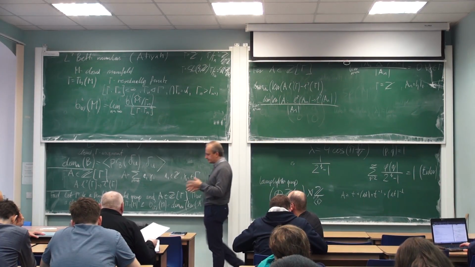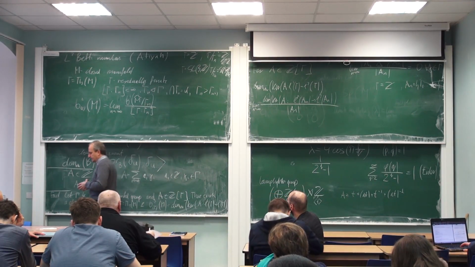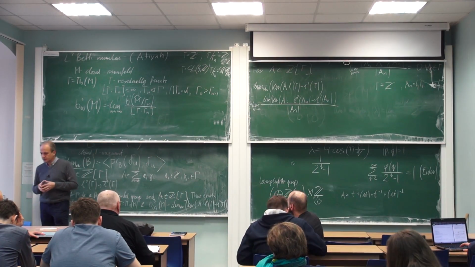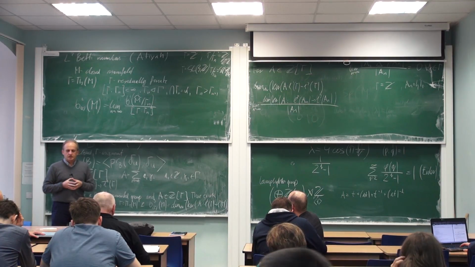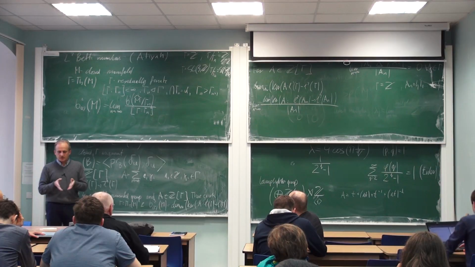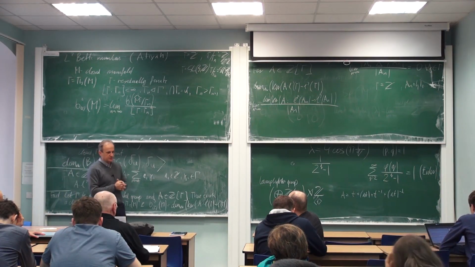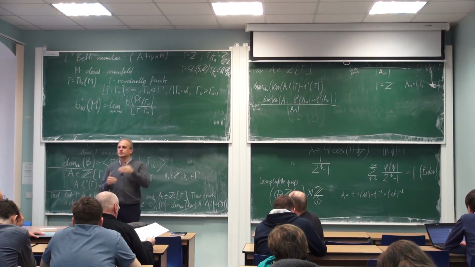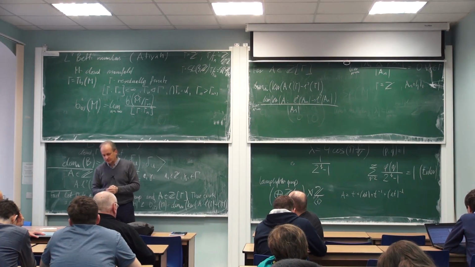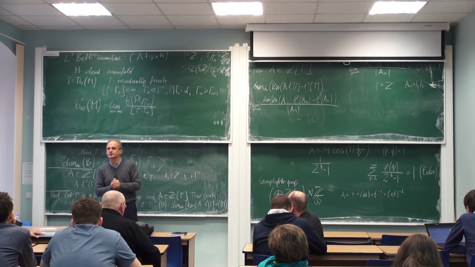For instance, there are results with recently found really spectacular applications concerning the kernel of such operators on functions when you put some condition on the growth. Functions which are in the kernel are called harmonic functions.